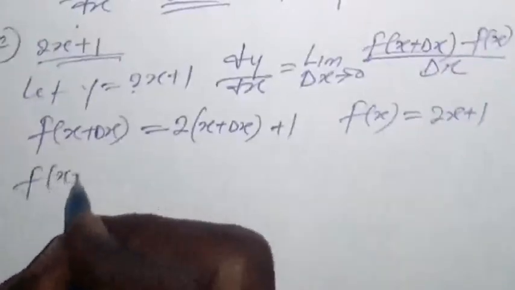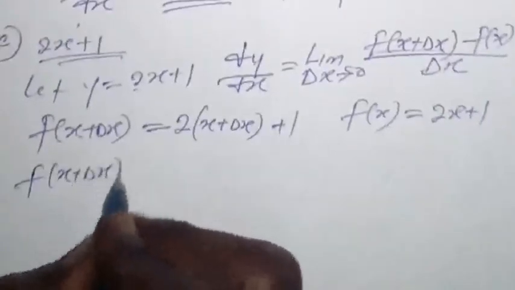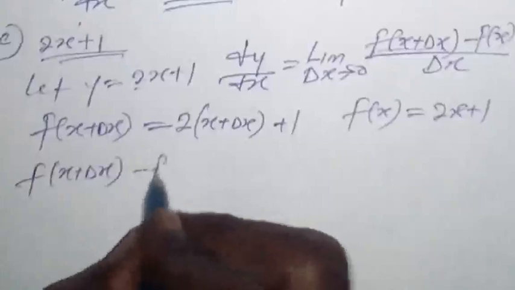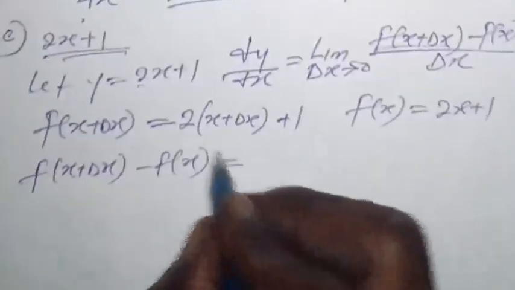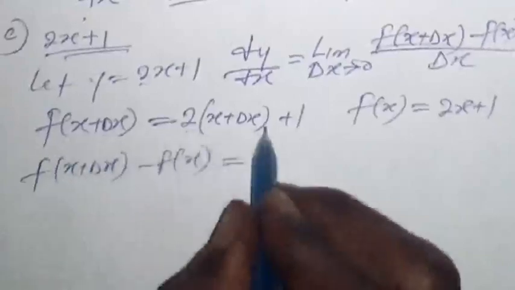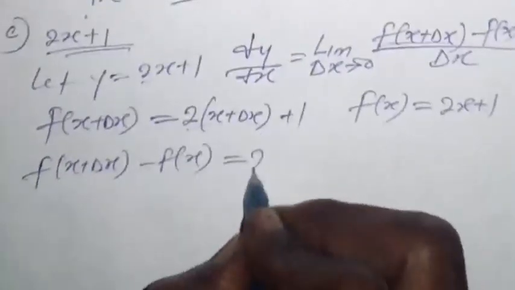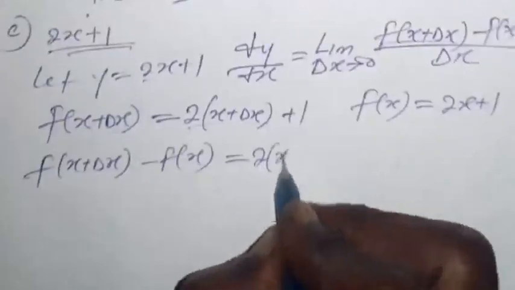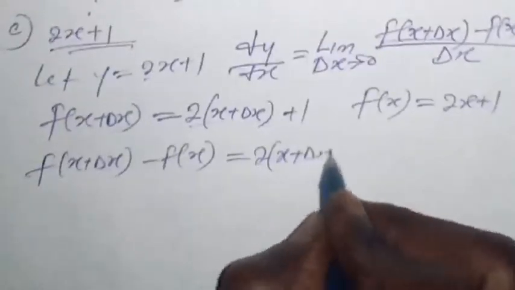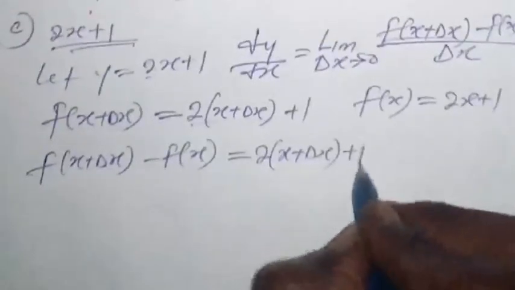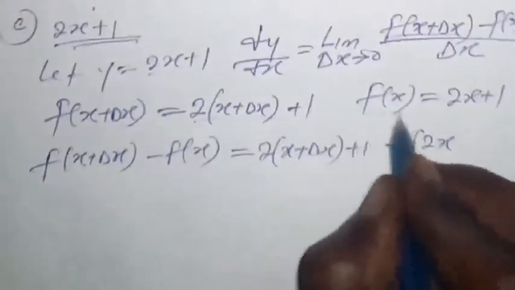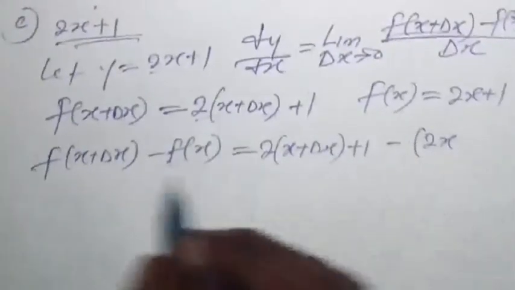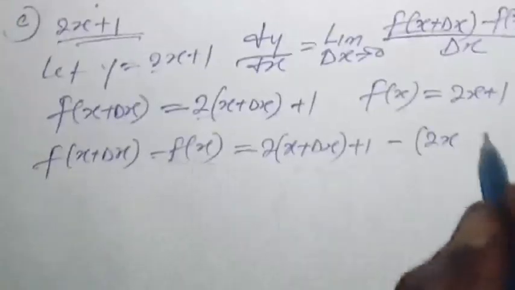Function of x plus delta x is this one. Then we have 2 open bracket x plus delta x plus 1 minus 2x plus 1, that is minus function of x.